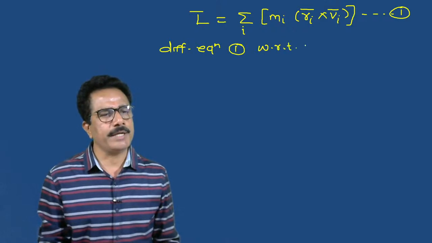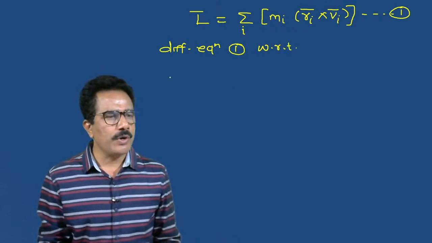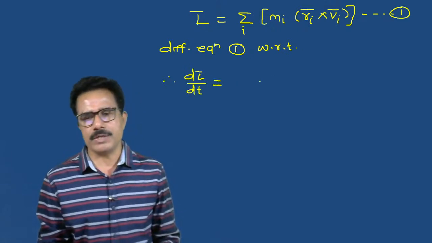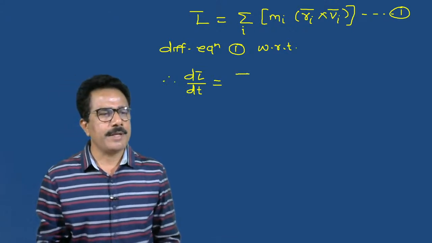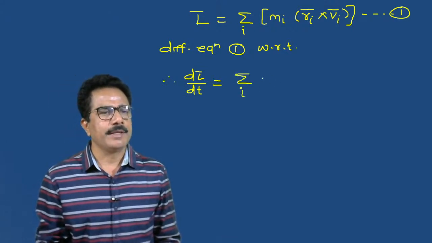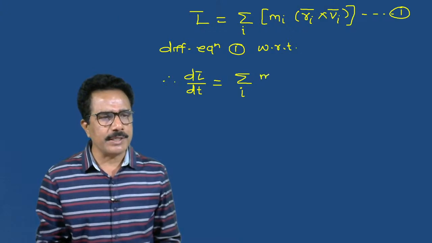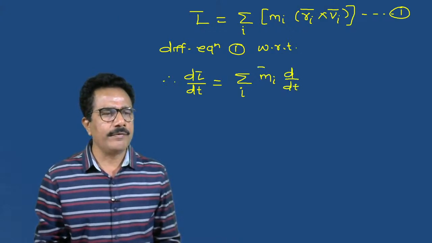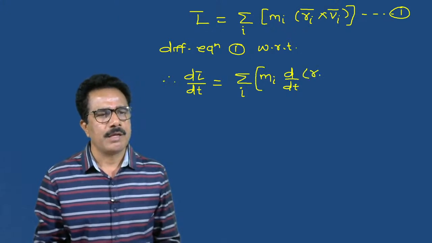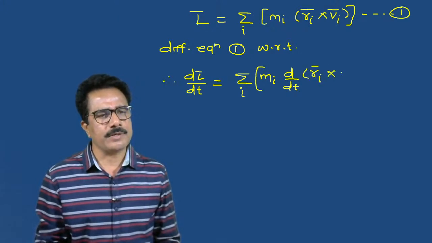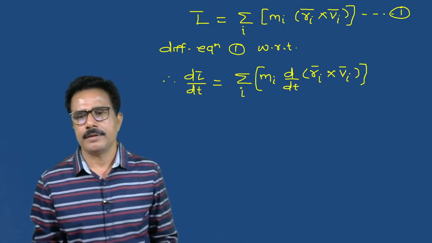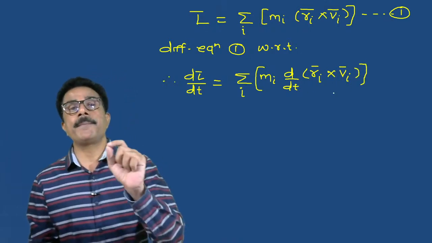with respect to t. So we can write dL bar by dt, which is equal to summation over i, mi is a constant quantity, d by dt of Ri cross Vi. So use the product rule.